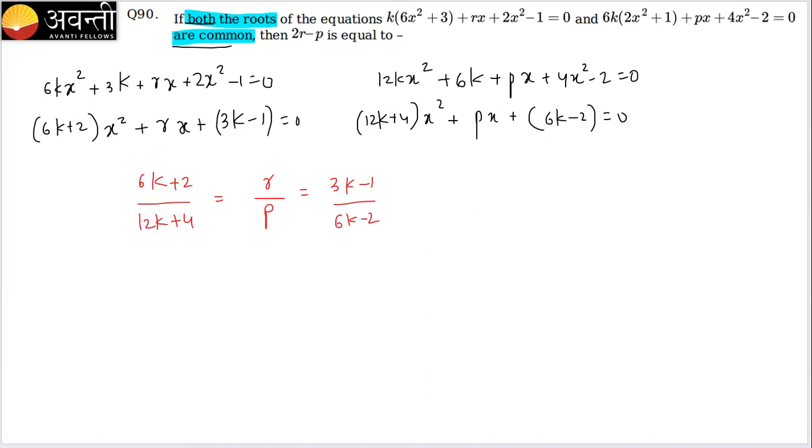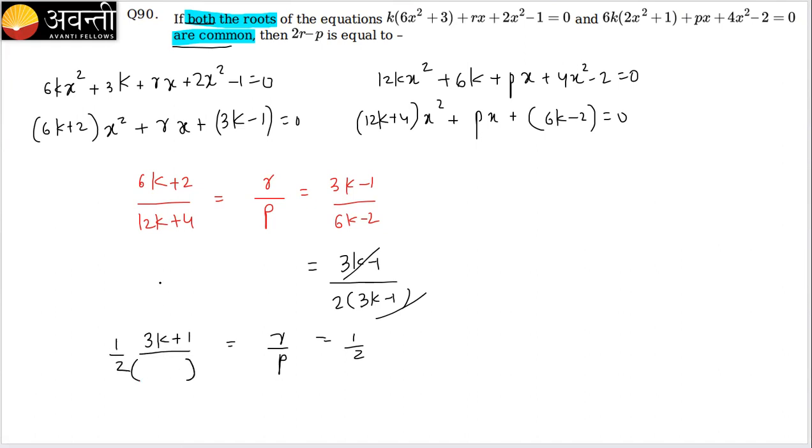इसको I can write 3k minus 1 upon 2 common 3k minus 1. This is cancelled. This is equal to 1 by 2. So r upon p is 1 by 2. और यहाँ से भी कुछ कॉमन आ रहा है, ऊपर से 2 कॉमन आ रहा है, तो 3k plus 1, नीचे से 4 कॉमन आ रहा है, so 4 कॉमन 3k plus 1.